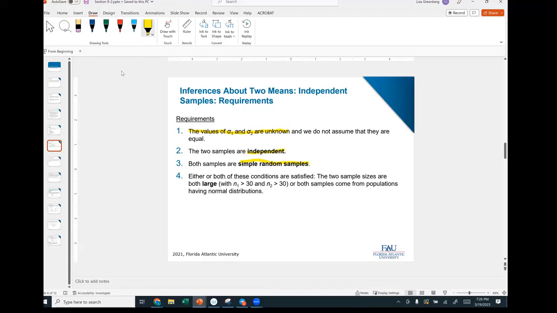We've seen almost all of these before, except the two sample thing. So the two samples are both large, so n1 and n2 are both greater than 30, or both samples come from populations having normal distributions. So just like we've seen in the past.